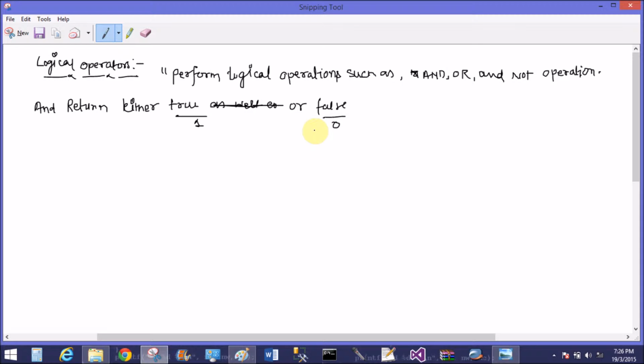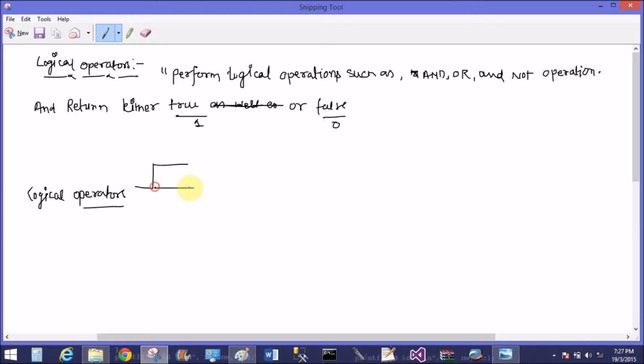In the C language we have 1 for true and 0 means false. So in the output we will get either 0 or 1 in the case of logical operator.